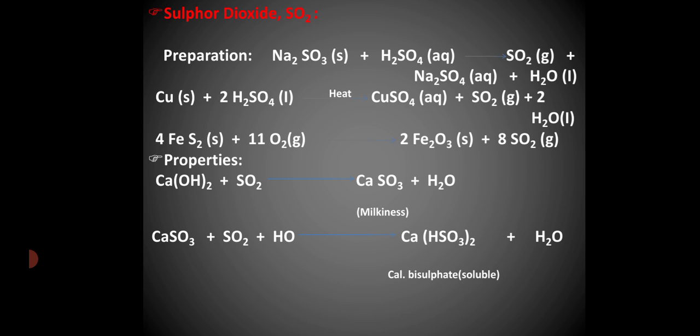Then CaS5 plus CaS2O3 plus HCl gives CaCl2 plus water plus sulfur. This is your milk of sulfur, which is soluble in carbon disulfide. It is widely used in medicines.